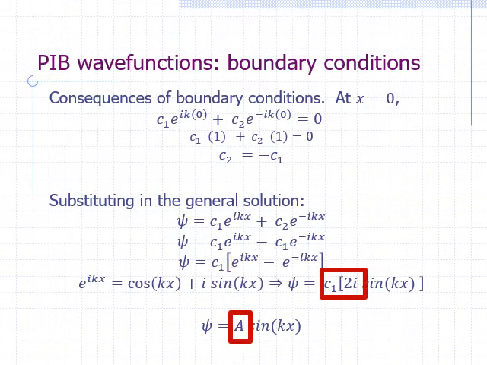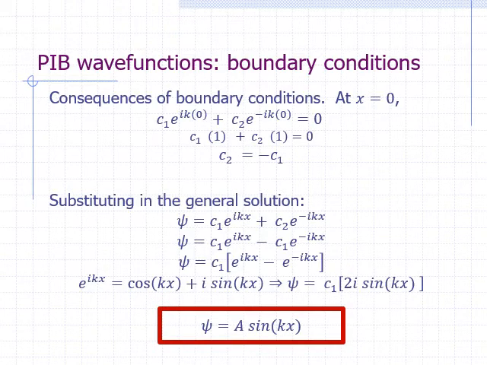We can lump the constants C1 and 2i into just one constant and call it A. So now we have narrowed down the solutions to our Schrodinger equation to a function of the form psi equals A times the sine of kx, where A is a constant.